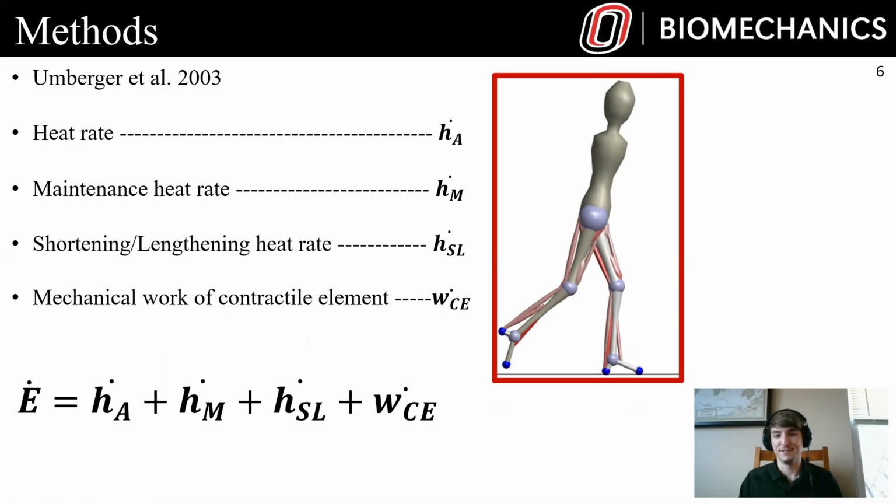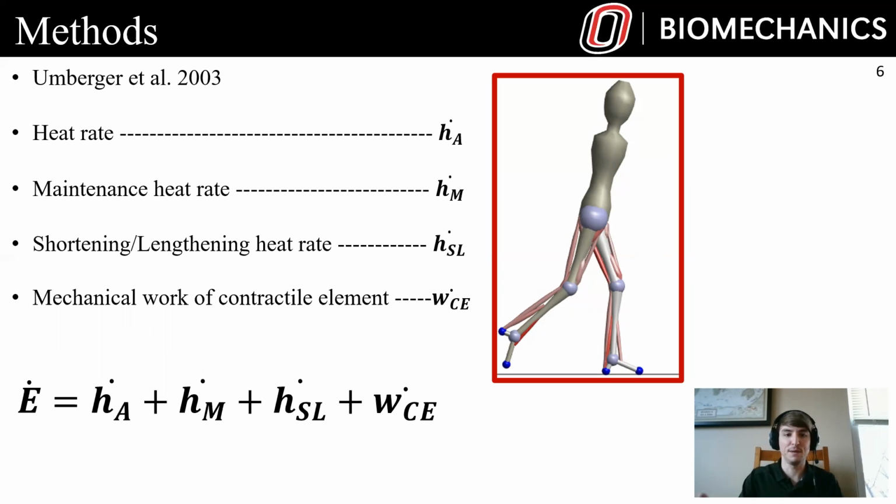Now, the benefit of this kind of system is that we now have complete information, right? So we have muscle contractile dynamics, which means we can leverage this metabolic rate estimation method created by Umberger that uses estimated contractile dynamics.